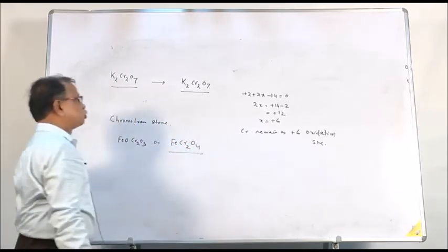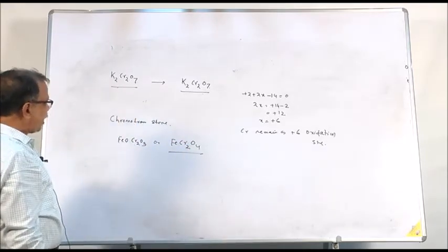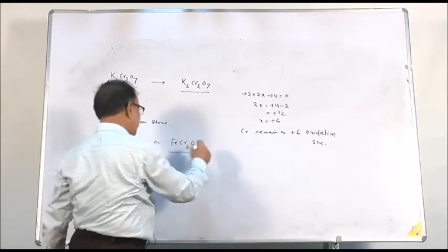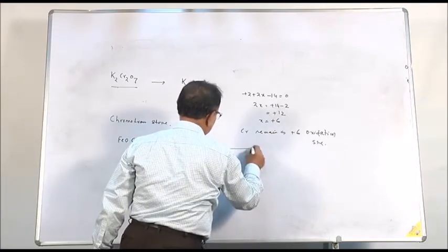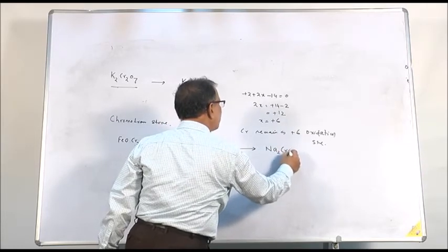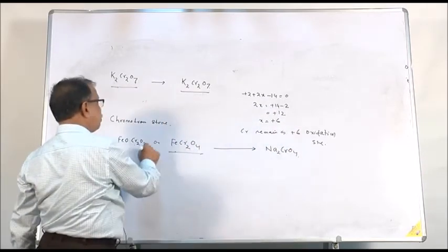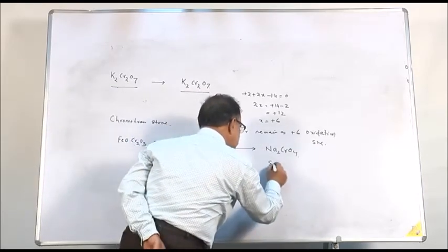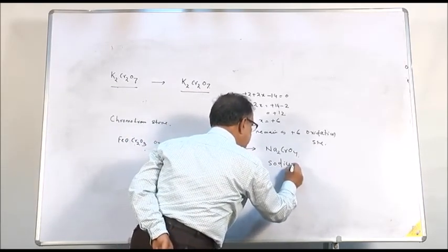Taking the chromo iron stone, first we convert this to sodium chromate, Na2CrO4. First step, you convert this chromo iron stone to sodium chromate.